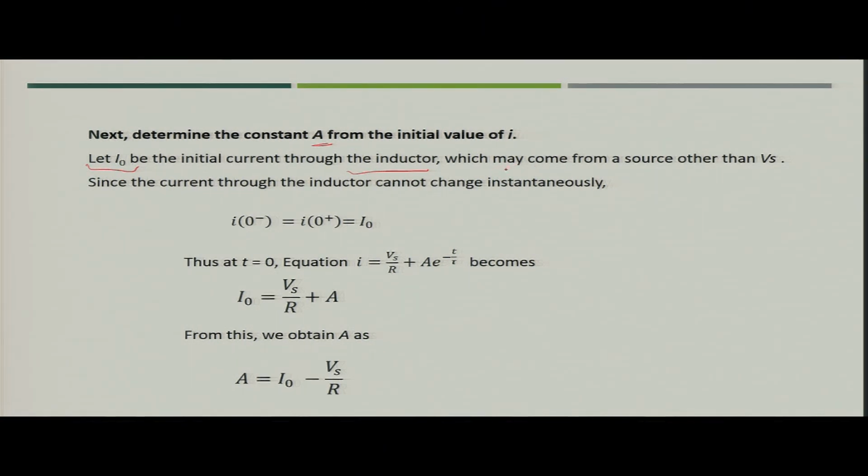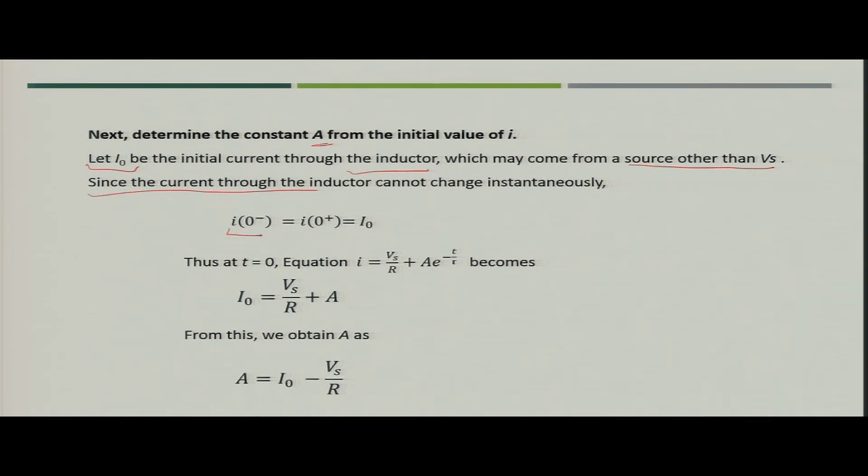So, this I naught will not come from the voltage source, because it is not yet applied; it will come from some other source which was initially applied and is now continuing, and we have the value of current flowing in the inductor because of some other phenomena.